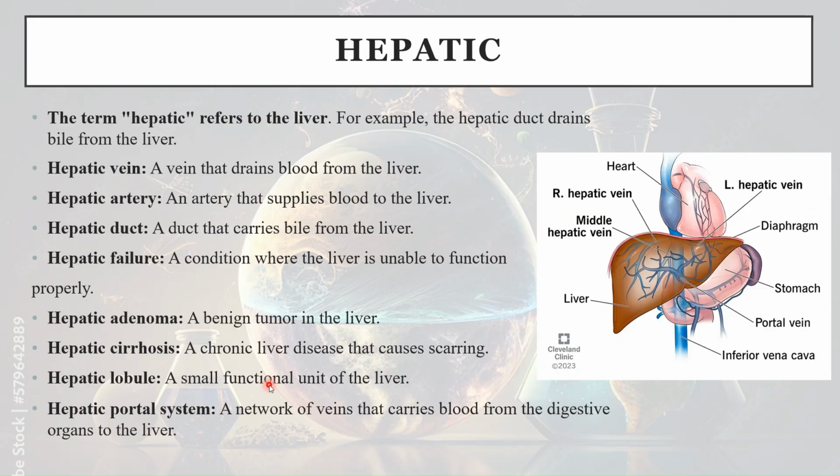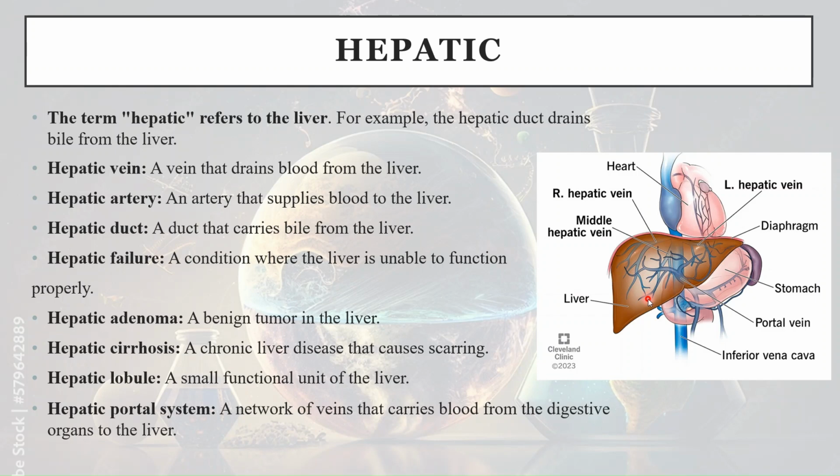And hepatic. Hepatic is related to the liver cells. Here we see the liver and its parts: hepatic vein, hepatic artery, hepatic duct. The duct is nothing but the pathway. Hepatic failure is the failure of the liver and its function; if it is unable to function, it is called hepatic failure.